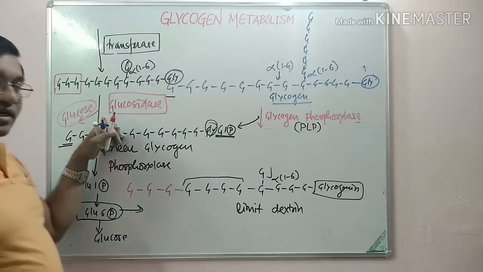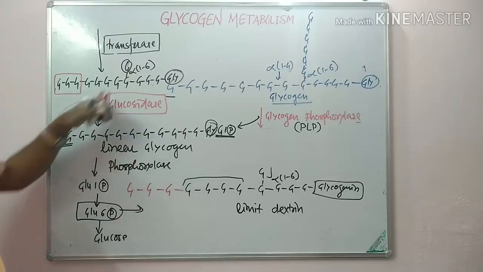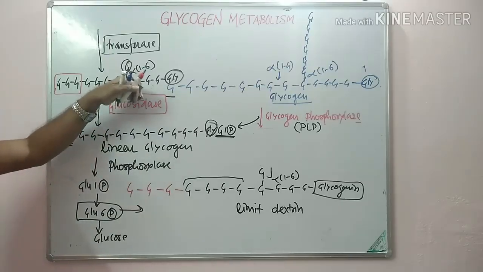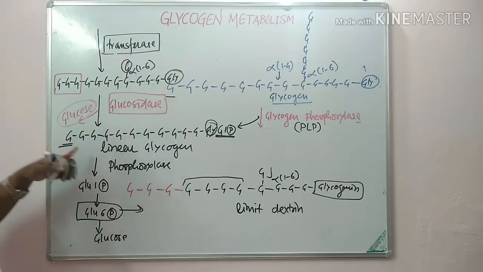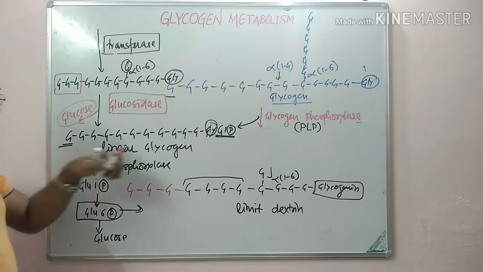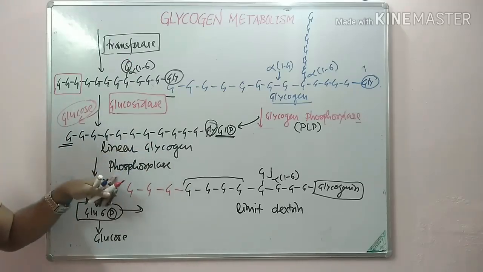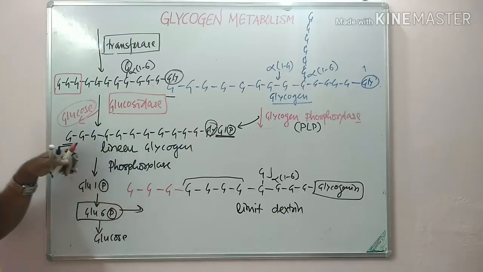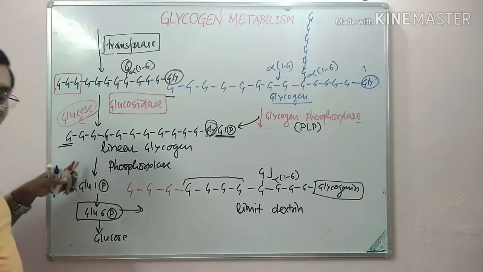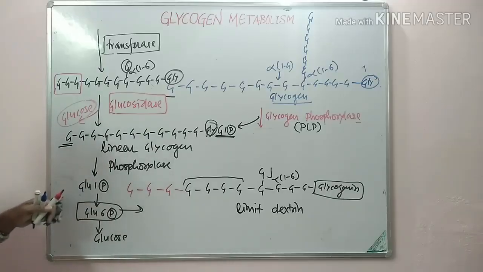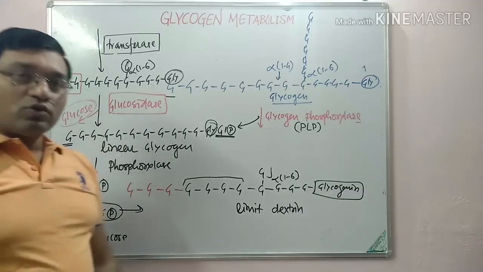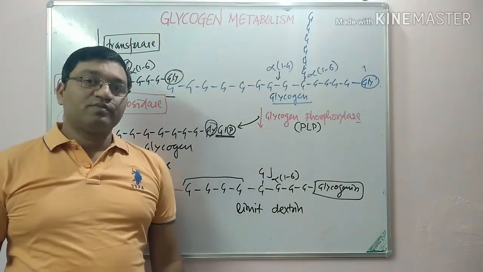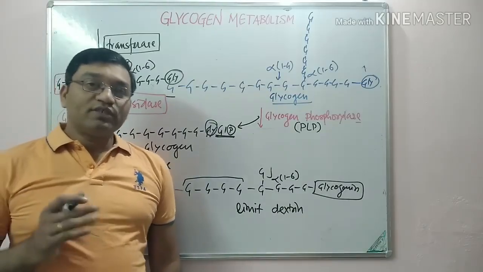Then by the glucosidase activity, it cleaves the alpha-1,6 bond and removes the free glucose. There is formation of linear glycogen molecule, and by the action of glycogen phosphorylase, again there is removal of glucose molecules one by one in the form of glucose 1-phosphate, which gets converted into glucose 6-phosphate, and ultimately there is glucose formation. So this is all about glycogenolysis.